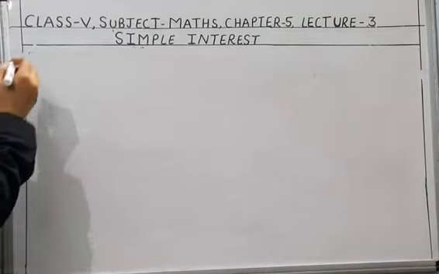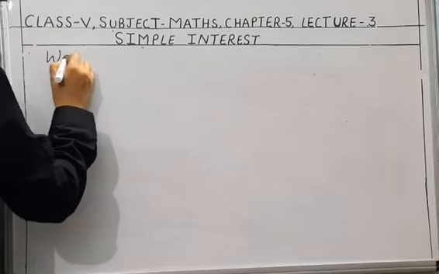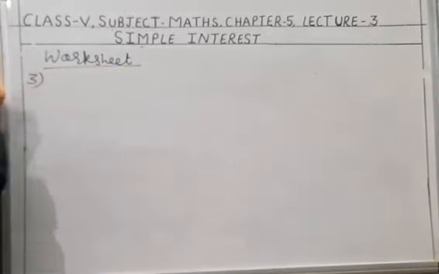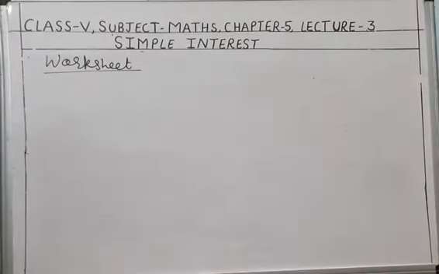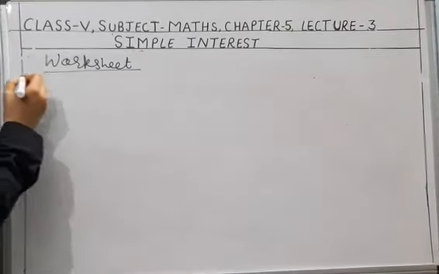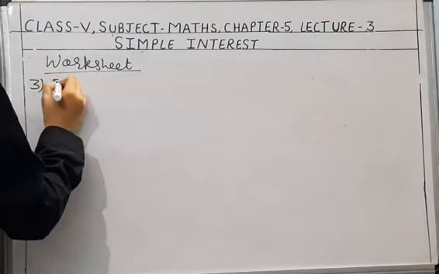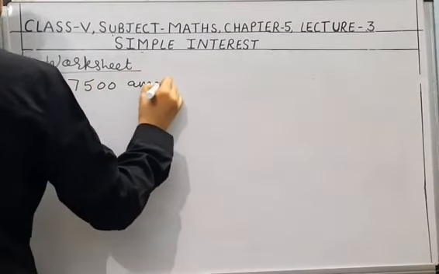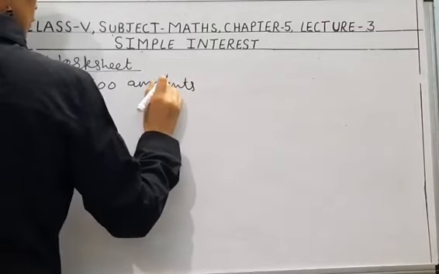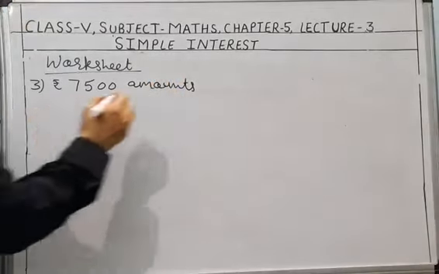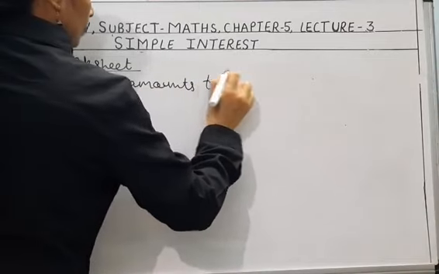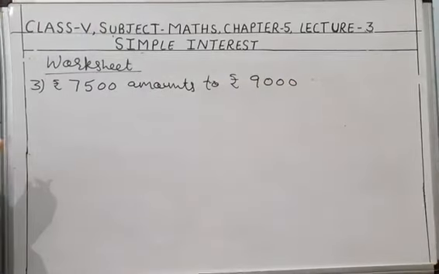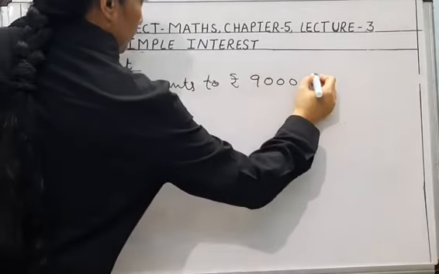Now we will do worksheet question number 3. Question number 3 from worksheet. Rupees 7,500 amounts to rupees 9,000 in 8 years.